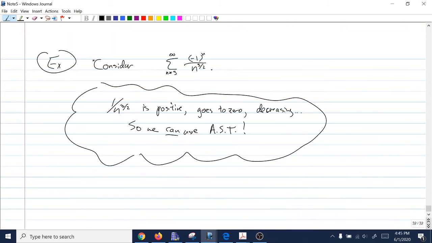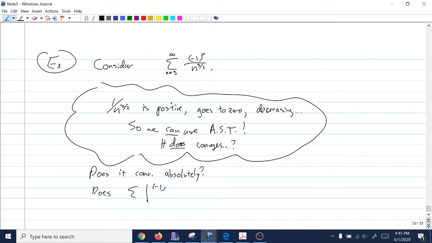So, it does converge, but maybe it converges absolutely instead of conditionally, in which case writing out the alternating series test is not helpful. Does it converge absolutely? What does it mean to converge absolutely? Does it converge with absolute values?